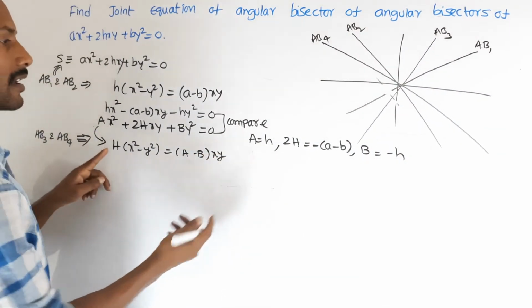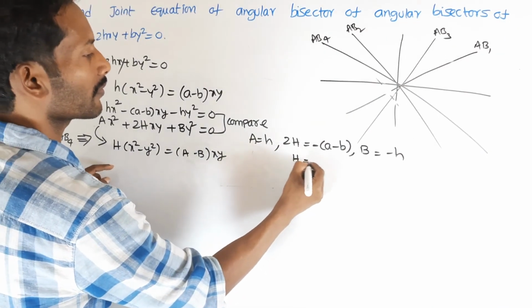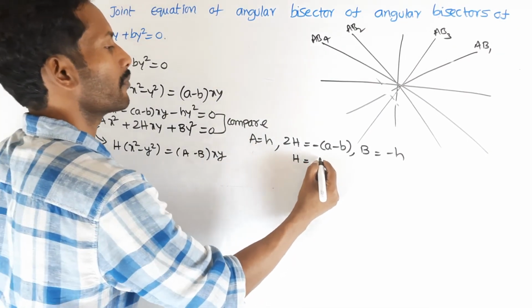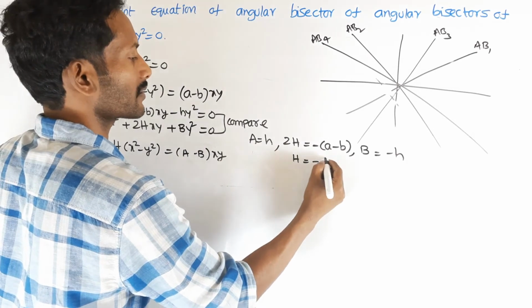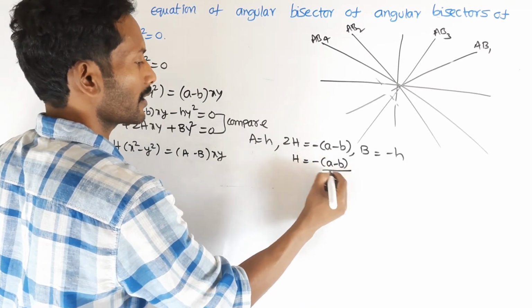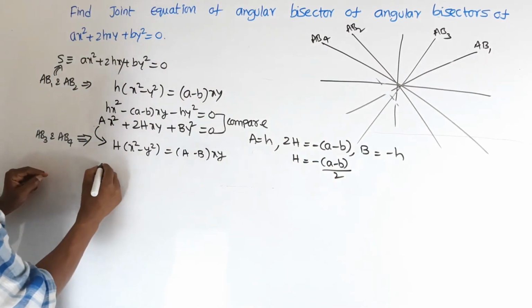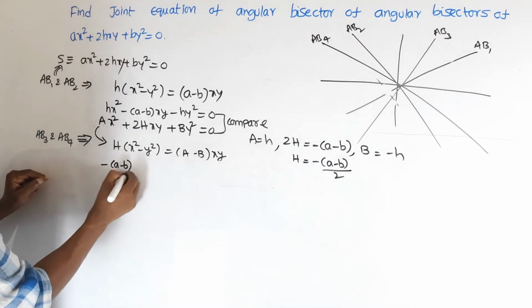Substitute the values. Here h equals minus of a minus b by 2. H equal to minus of a minus b by 2.